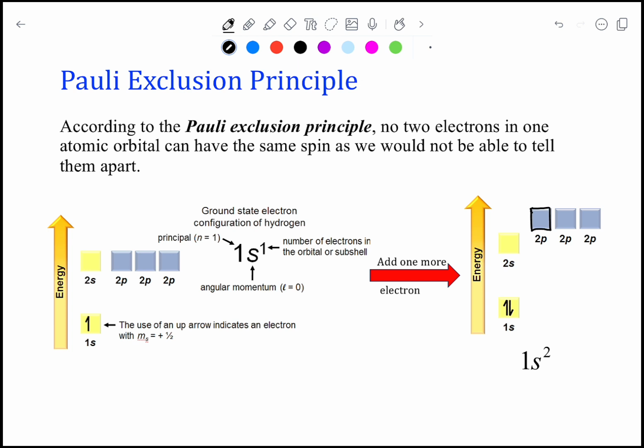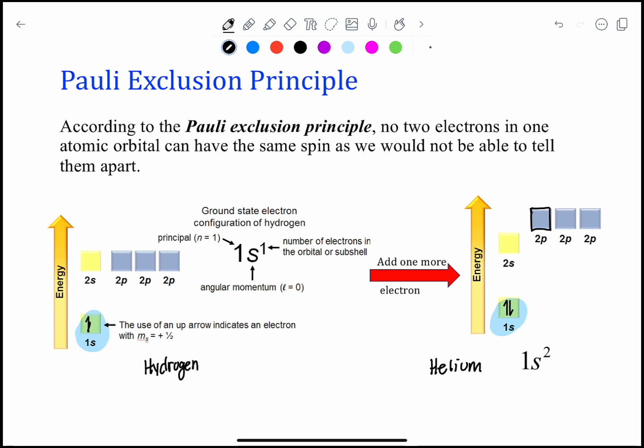So here I have hydrogen. And then let's say we move on to helium, where we add one more electron. We're going to add that electron first to the 1s, because that's our lowest energy. We always want to go from low to high energy. So our electron is going to add to the 1s, but we're going to show it having a downspin.